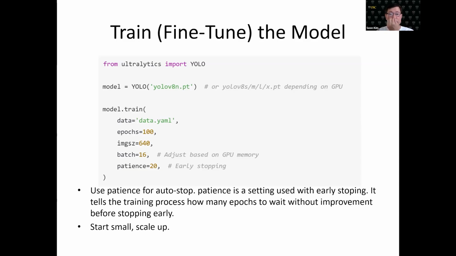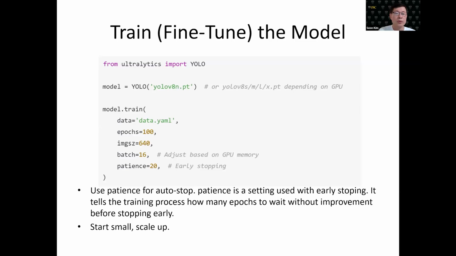So patience means you automatically detect if there is an enhancement in every iteration. If there is no enhancement in the consecutive 20 epochs, then just stop it. Don't go to 100 repetitions. That is the concept of patience.